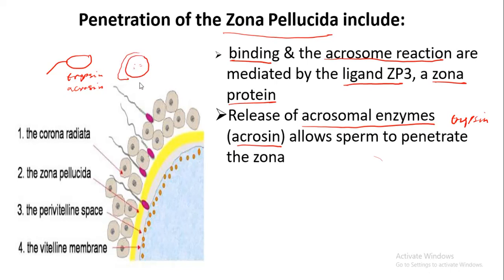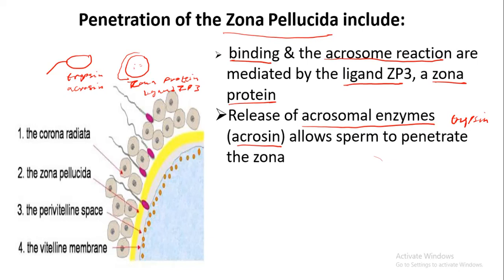It's going to release what we are calling the zona protein, which is coming from the zona pellucida. So you have the zona proteins and you have the ligand, ZP3. So look at that. These two have caused that.